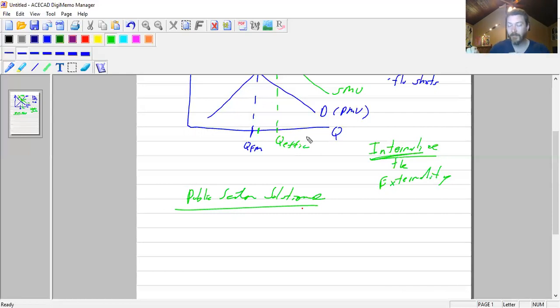But where those assumptions don't hold, where we have external costs or external benefits, if we're not able to achieve a private sector solution, which is discussed in the Coase section, then government intervention may be warranted to actually achieve an efficient outcome.